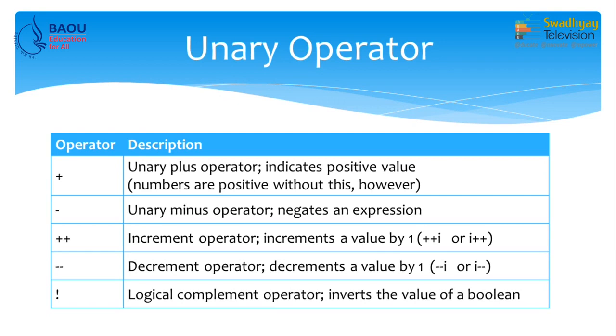Then we have plus plus, which is also called increment operator, and for example, if I write down I plus plus or plus plus I, then it increments the value of I by 1. Similarly, we have minus minus operator, which is also called decrement operator, and as its name suggests, it decreases a value by 1.